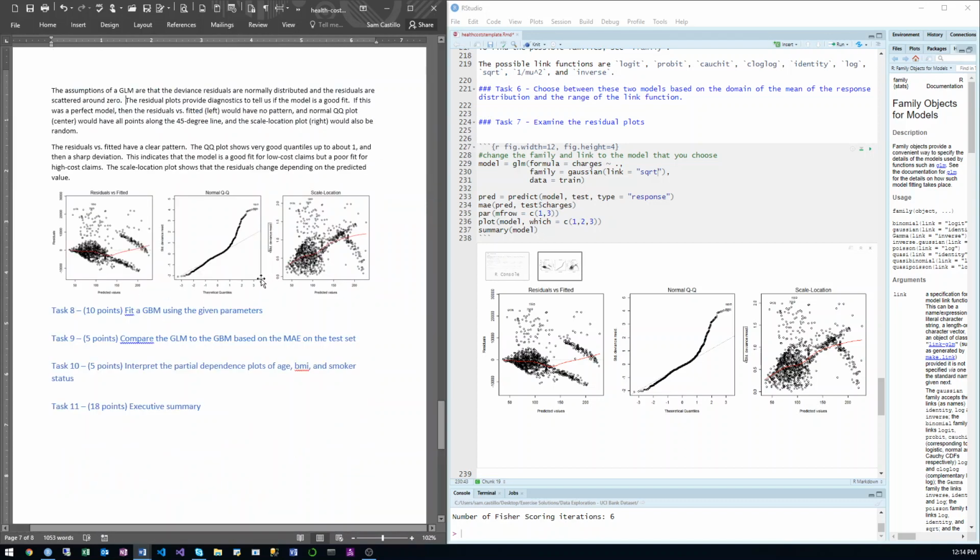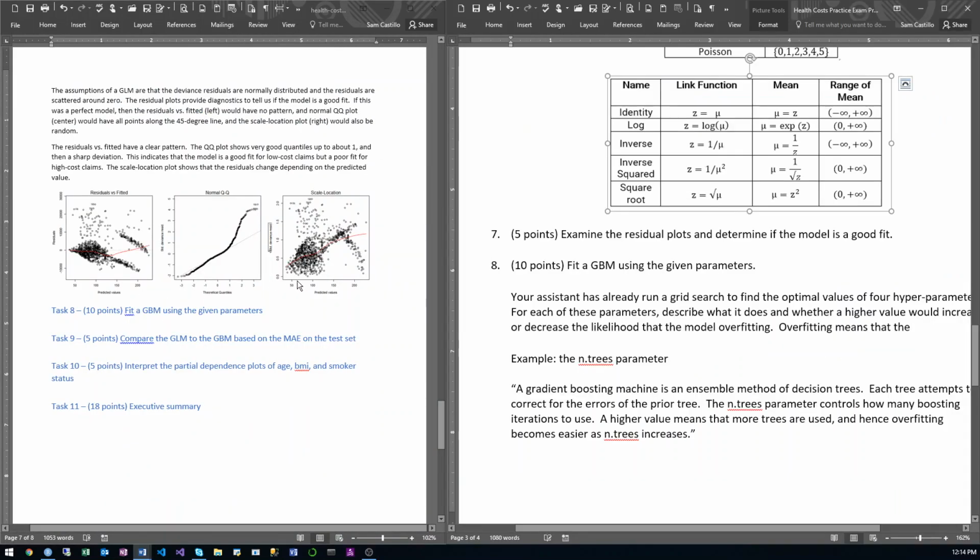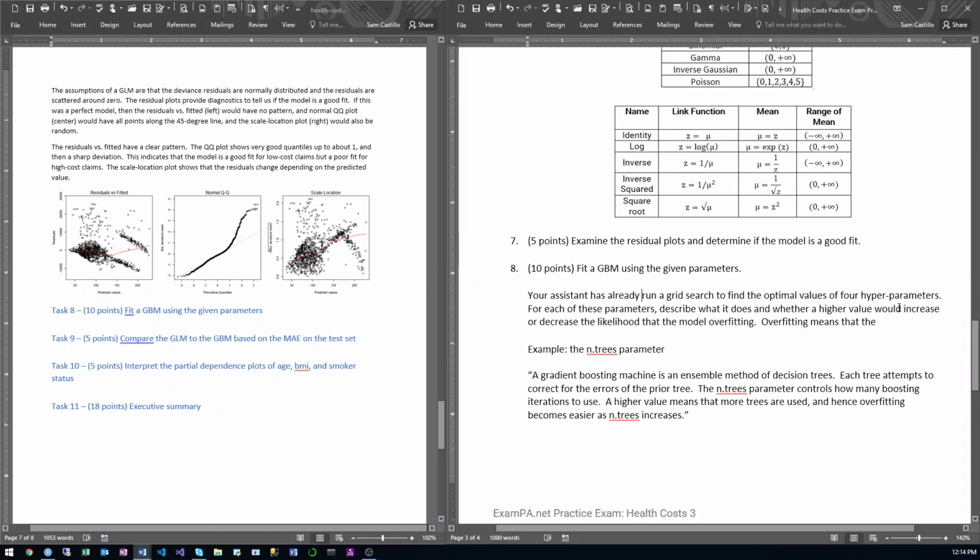Okay, the next task, fit a GBM using the given parameters. Your assistant has already run a grid search to find the optimal values of 4 hyperparameters. For each of these parameters, describe what it does and whether a higher value would increase or decrease the likelihood that the model overfits.